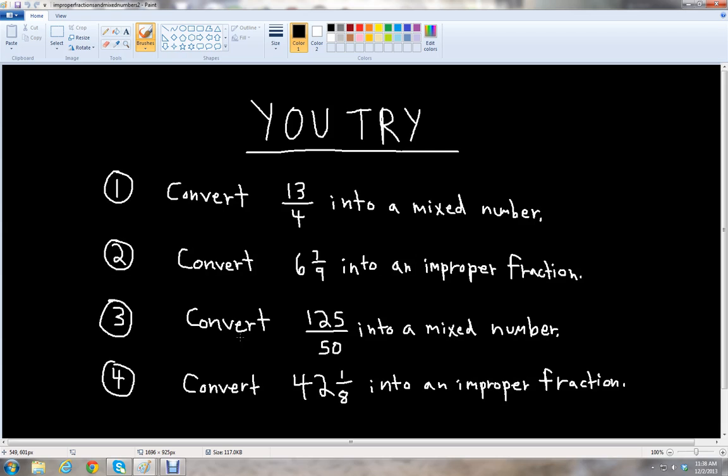Number 3, you want to convert the improper fraction 125 over 50 into a mixed number.